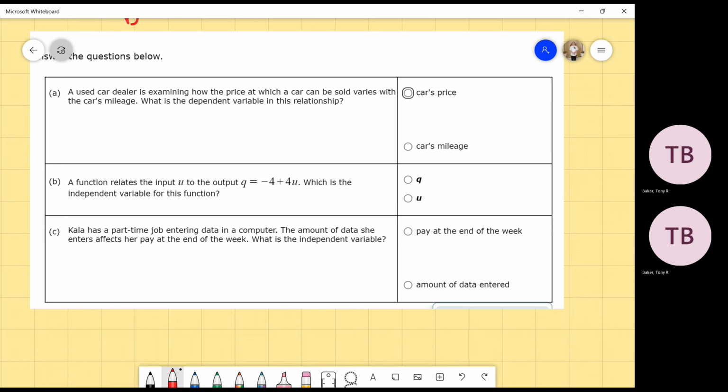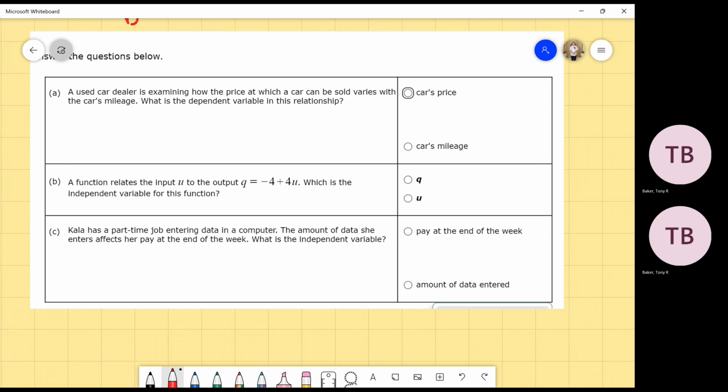In this problem, a used car dealer is examining how the price of a car varies with its mileage. What's the dependent variable? The question is, which is the thing you would know ahead of time, the mileage of the car or the price of the car? From the dealer's perspective, they're using the mileage to figure out the price.